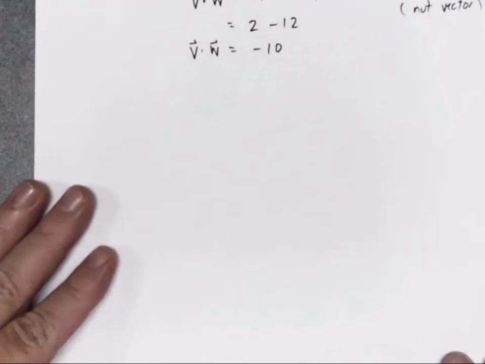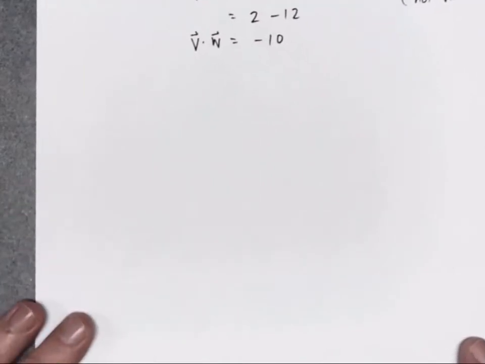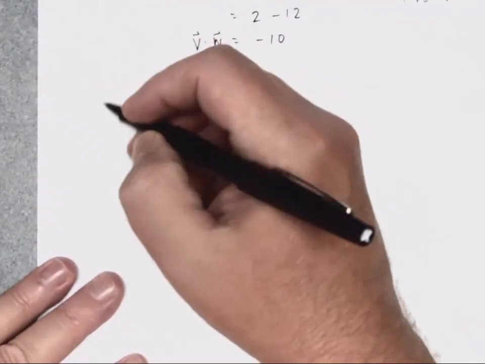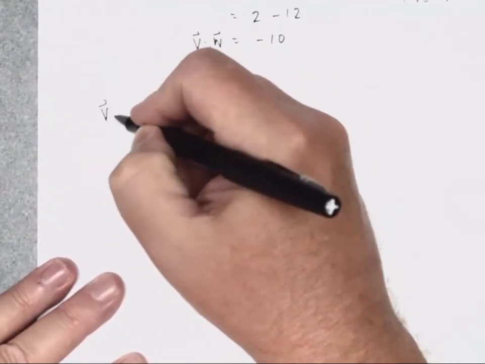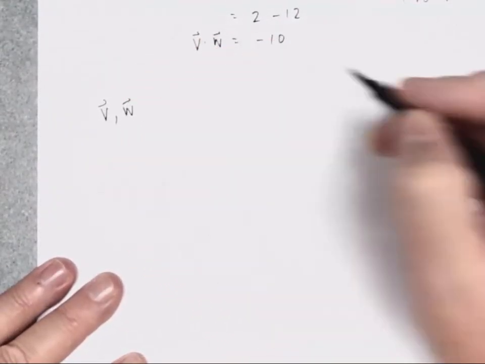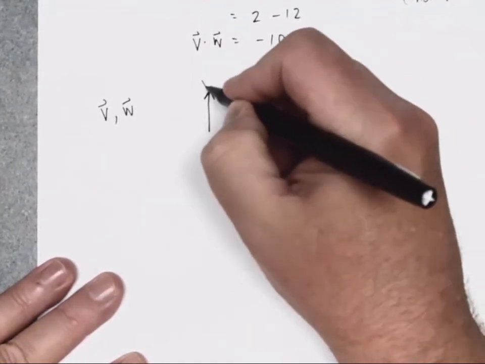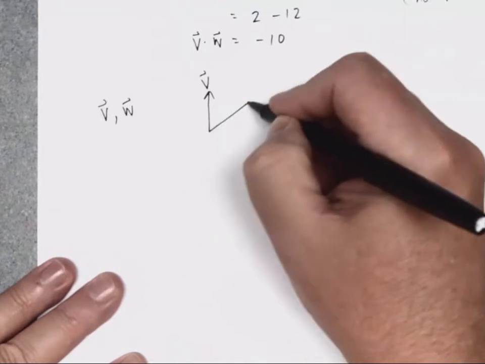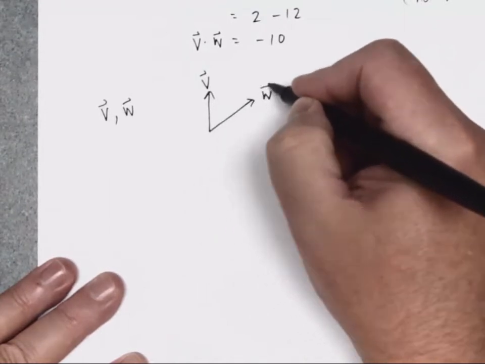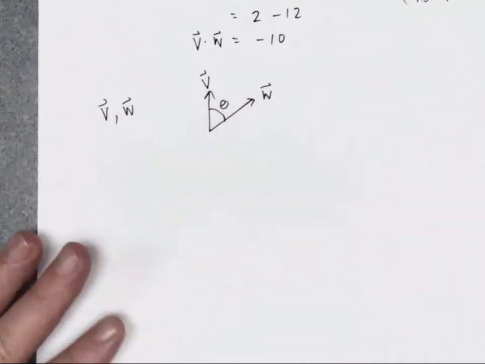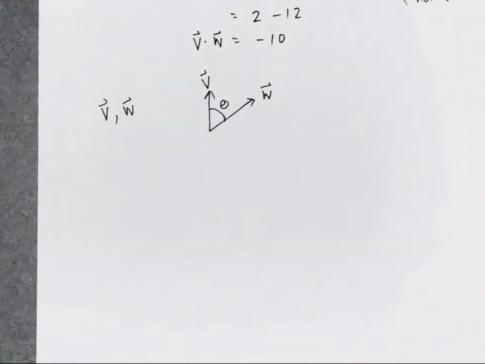So this equation involves two vectors. We'll still use vectors v and w. So if we have a vector v and a vector w, and just for fun, so they look like that, and there's the angle in between.